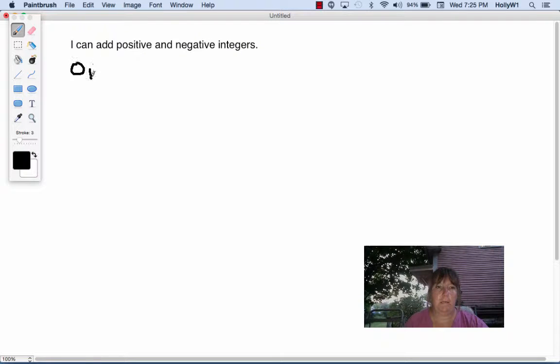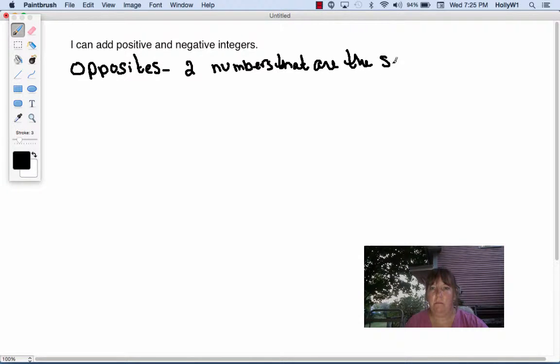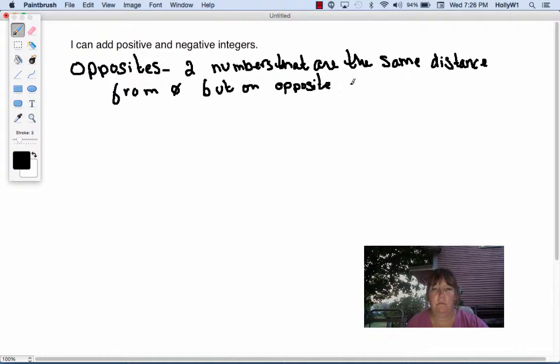So opposites on a number line are two numbers that are the same distance from 0, but on opposite sides of 0.